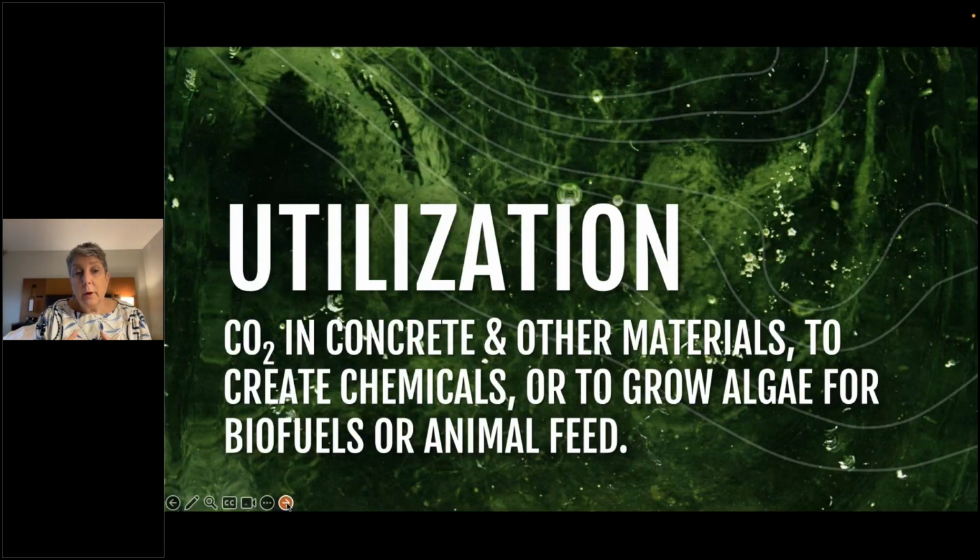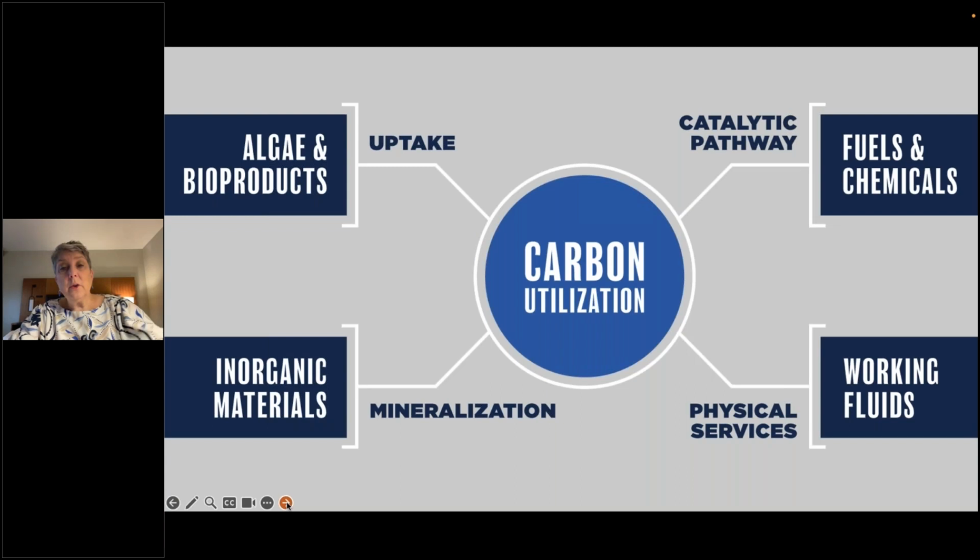Utilization is the use of carbon dioxide in concrete or other building materials. You can use it to create chemicals or grow algae for biofuels or animal feed. This is a nice figure that shows uptake for algae and bioproducts, mineralization to create wallboard and other minerals, and catalytic pathways for chemicals and physical services.